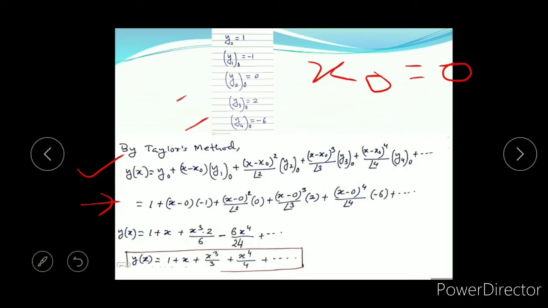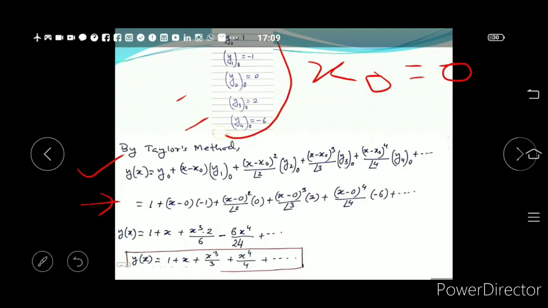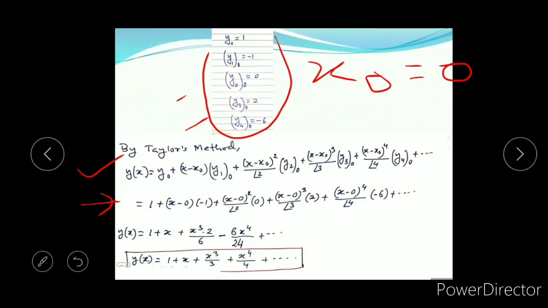Okay, so how many times should we check the values of this? How many times do we have to differentiate y? See, from here we are getting y0 as 1, y1(0) as minus 1, y2(0) as 0, y3(0) equals 2. So if we differentiate up to y3, we are not getting 4 non-zero elements.